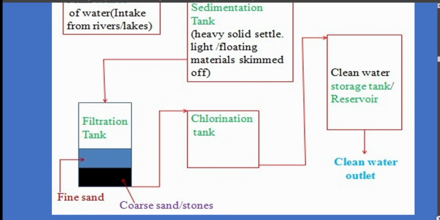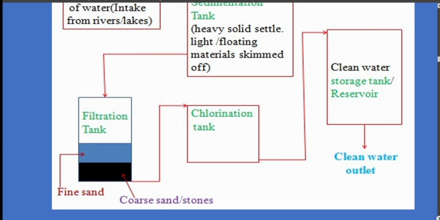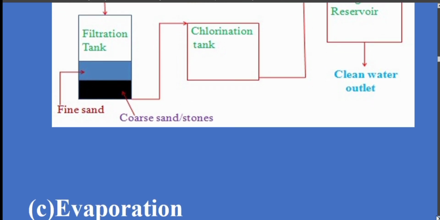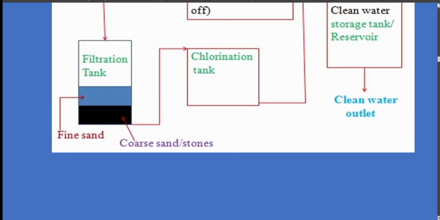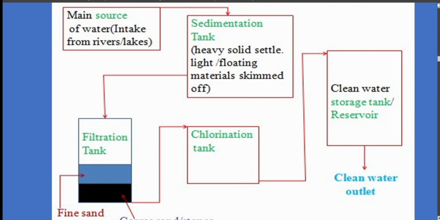It is pumped into the storage tank or the reservoir. Then there we have an outlet to collect the water. So that's how water from the lake or the river is cleaned and made available for consumption.